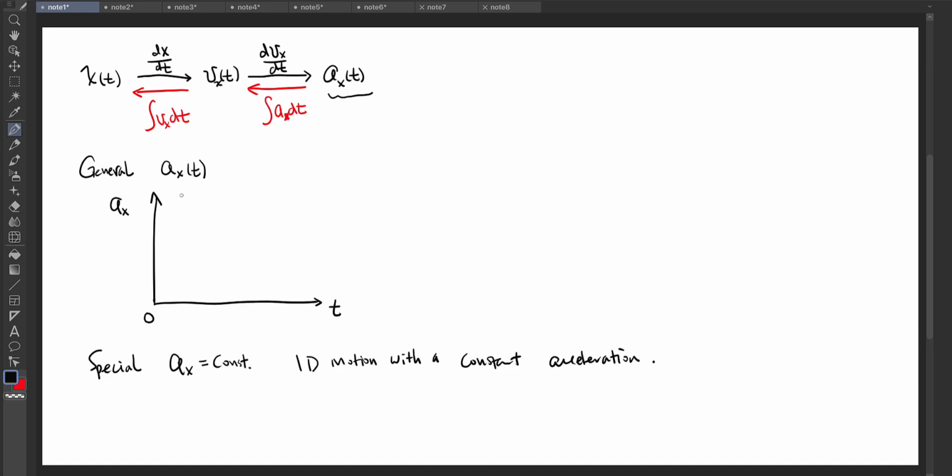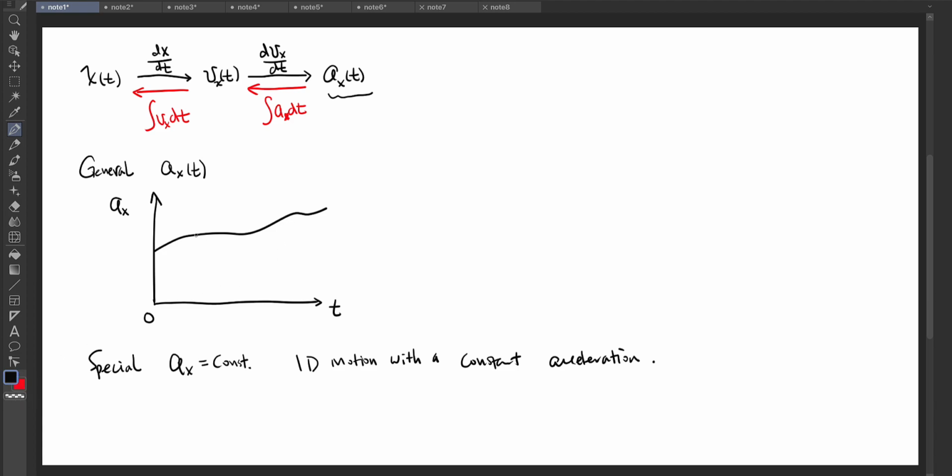Let's say the relation is like this curve. I'm going to just draw an arbitrary curve right now to illustrate the idea. So we know this curve, right? If you do the integral here, then we're actually calculating the area.